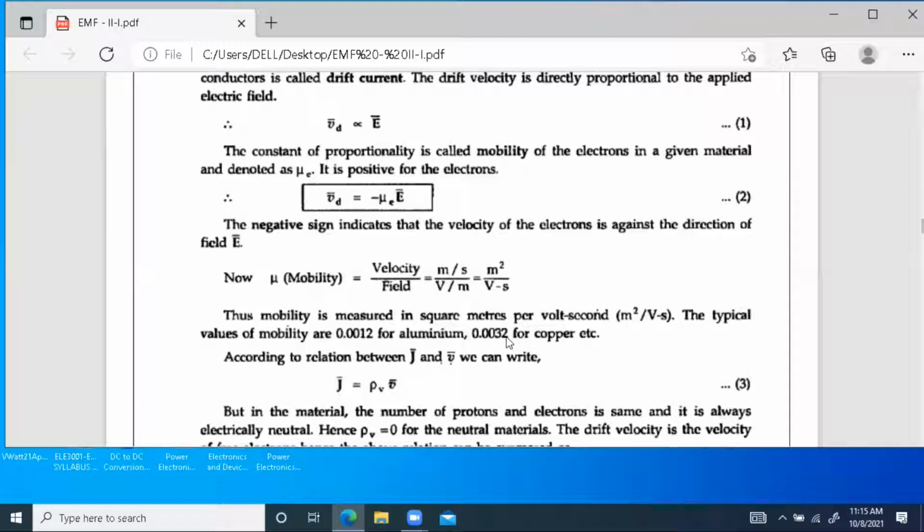So it's no surprise then that we prefer to use copper for conductors. The higher the mobility, the better it is. The more conductive is the material.